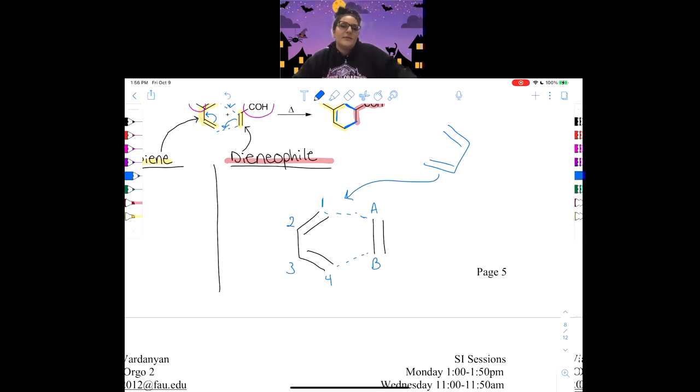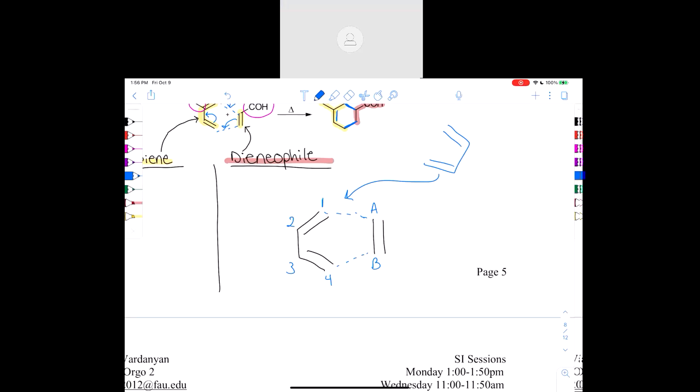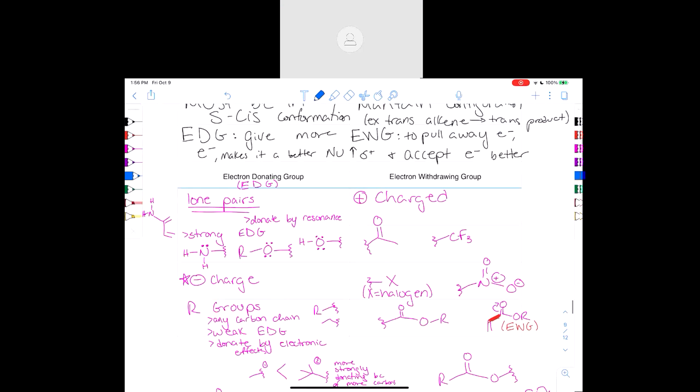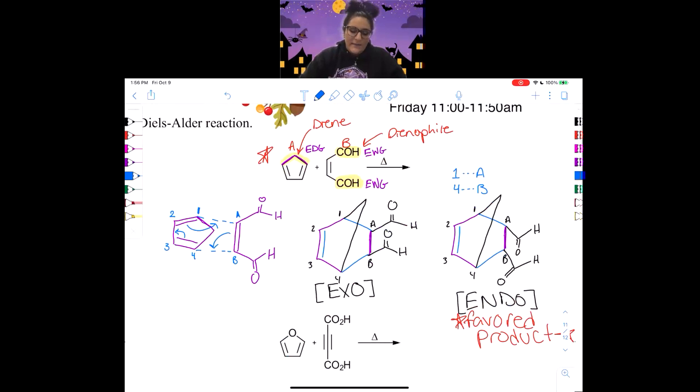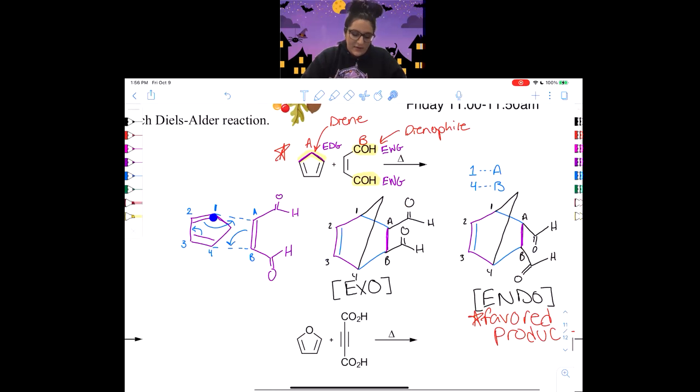Does that make a little bit more sense? Yes, so we have to point the open side always towards the dienophile? Yep. Okay. Even if it's not technically open, like in this case, if you just think about it strictly as the diene part of it, you can kind of tell that this is still the open side.